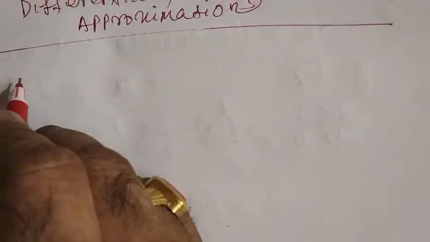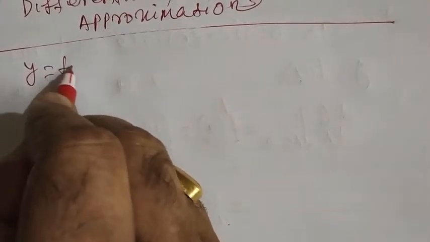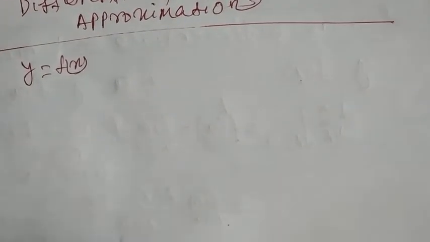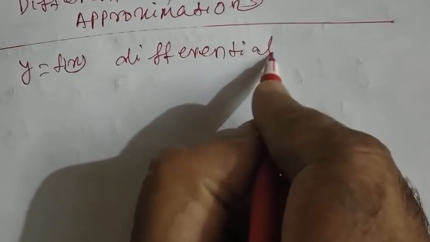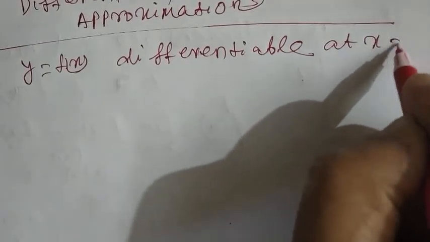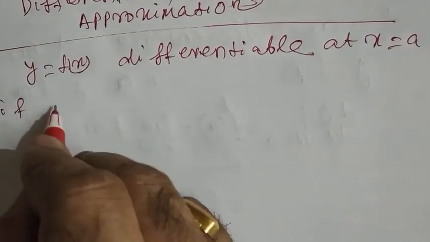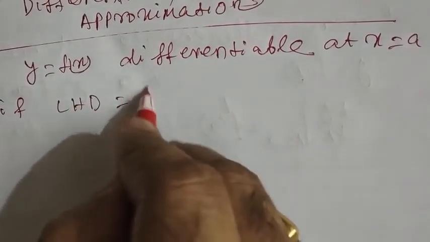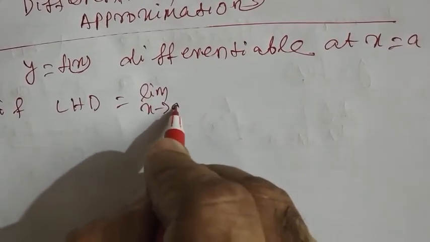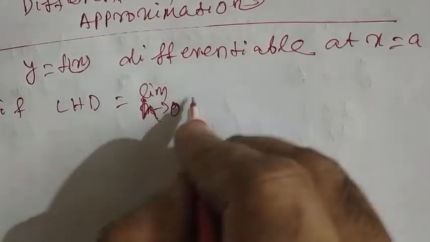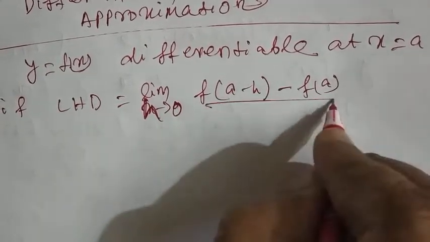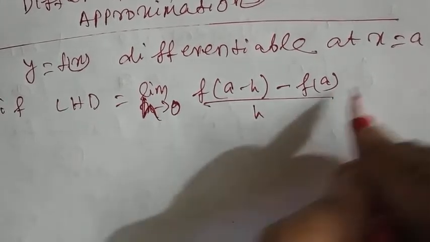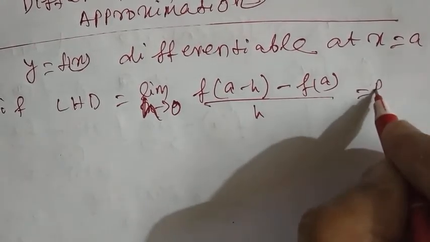We already have read, if y equal to f(x) is a function, this function is said to be differentiable at x equal to a if LHD, limit h tends to 0 of f(a minus h) minus f(a) by h, is the same as RHD.